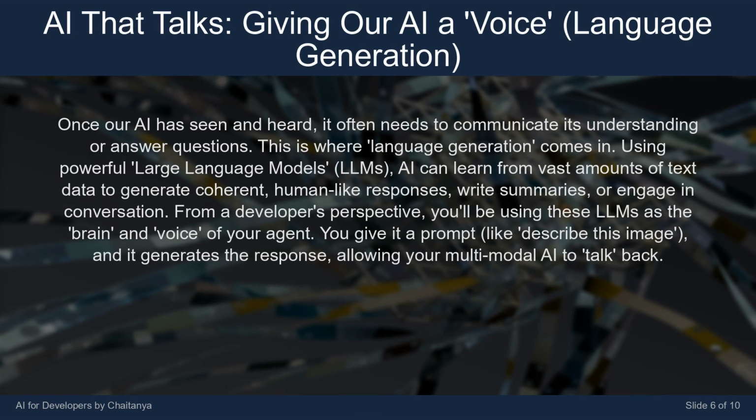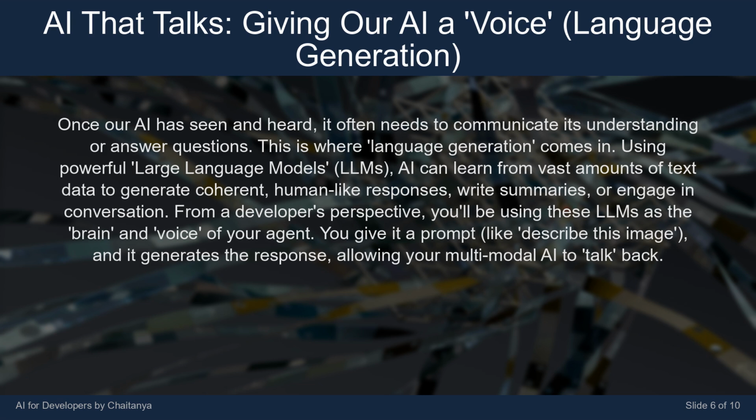Once our AI has seen and heard, it often needs to communicate its understanding or answer questions. This is where language generation comes in. Using powerful large language models, LLMs, AI can learn from vast amounts of text data to generate coherent, human-like responses, write summaries, or engage in conversation.